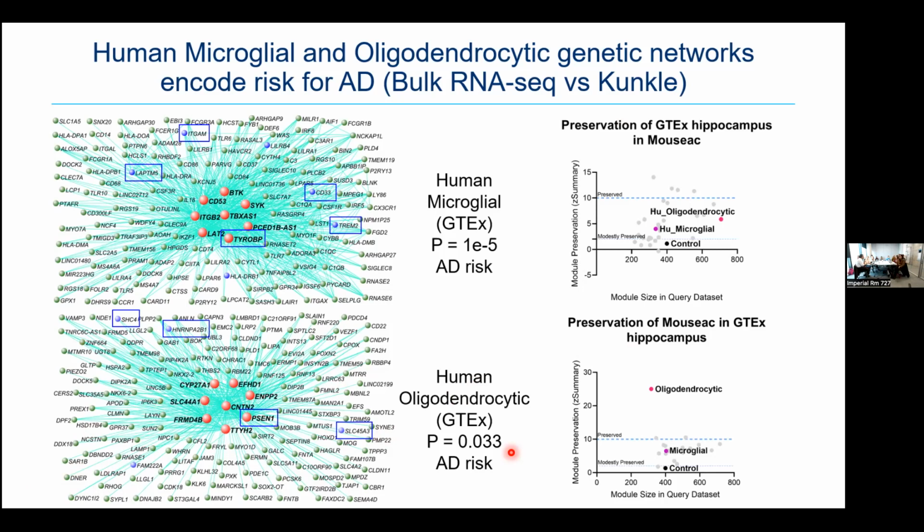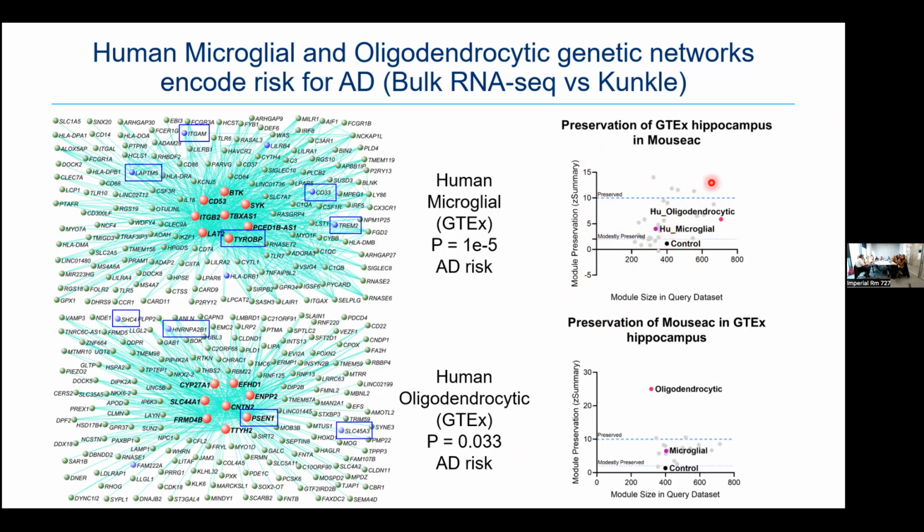We took this opportunity to compare these age-dependent networks in mice and humans, and we did that with the preservation analysis. The y-axis here is basically a measure of preservation. The top dashed line is strong preservation, and the bottom dashed line is modest preservation.